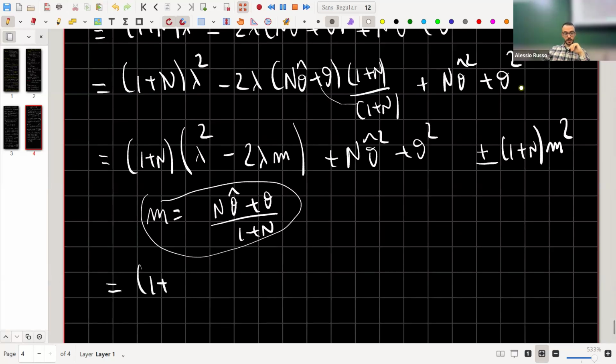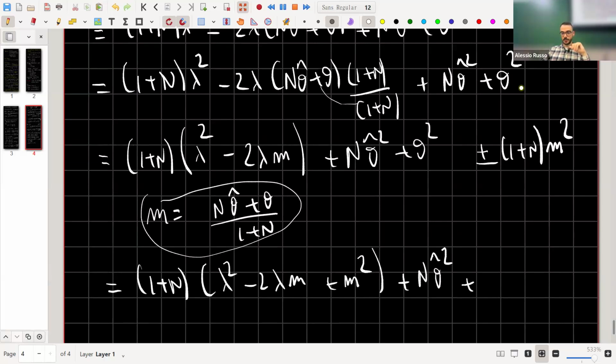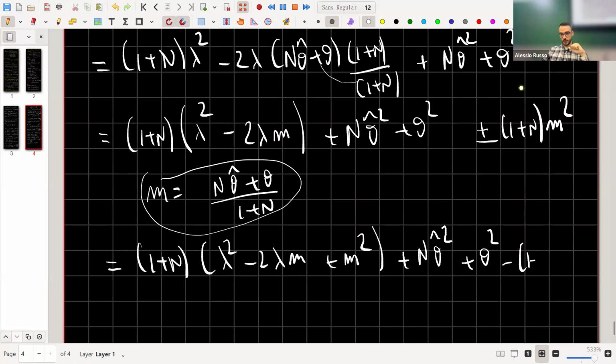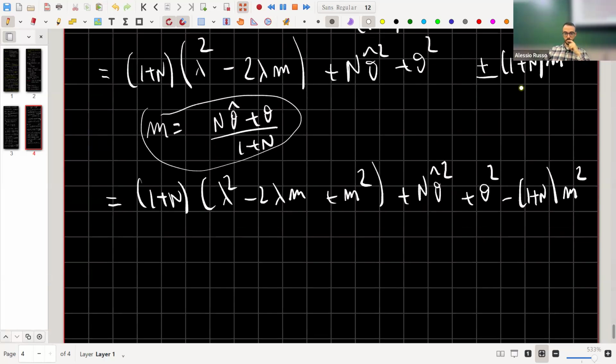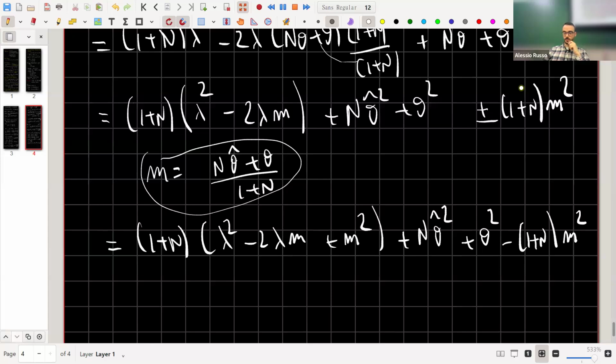So this becomes 1 plus n times lambda squared minus 2 lambda m plus m squared, plus n theta hat squared plus theta squared. And here we have a minus 1 plus n m squared. So this becomes lambda minus m squared.